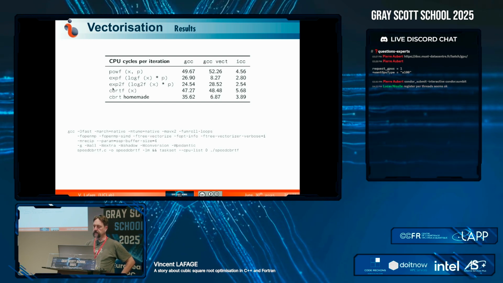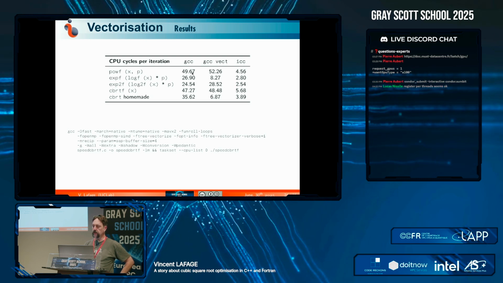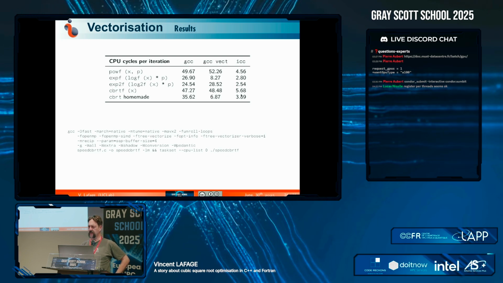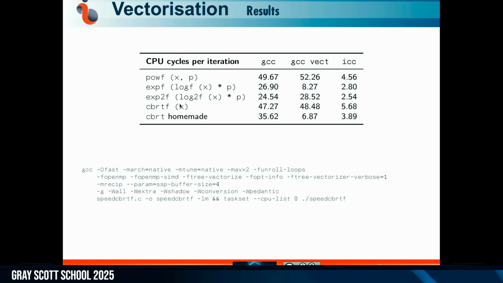The cube root of the libm takes almost as much time as powf. So it's quite surprising because it should be very easy to evaluate. So when we compare this cbrtf of the libm to ours, in fact, we see that our vectorized version is way faster than the vectorized version of the libm. That was 2 years ago, so 3 years ago, so your mileage may vary.